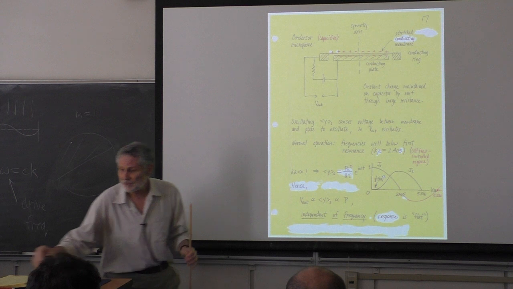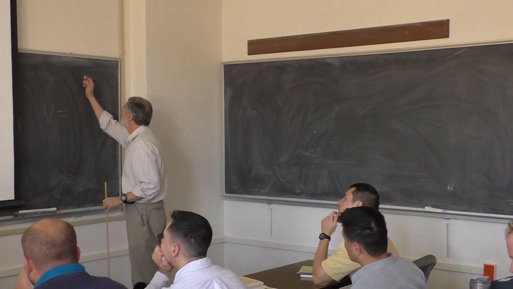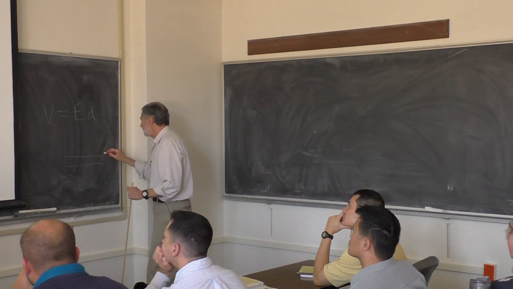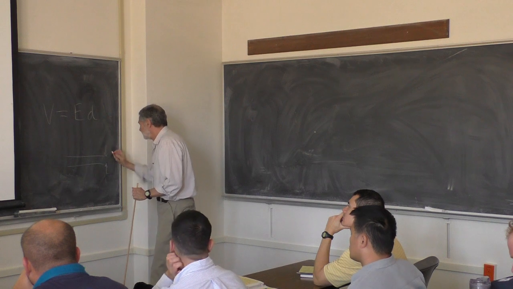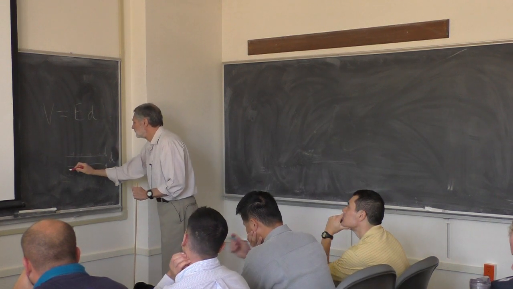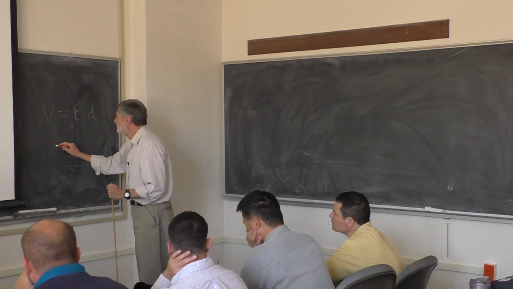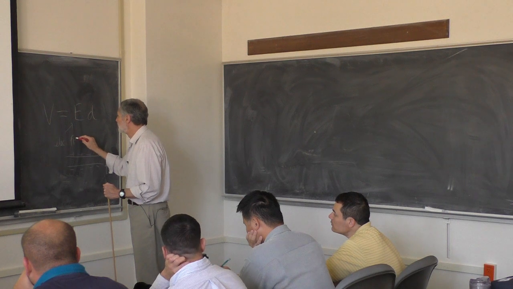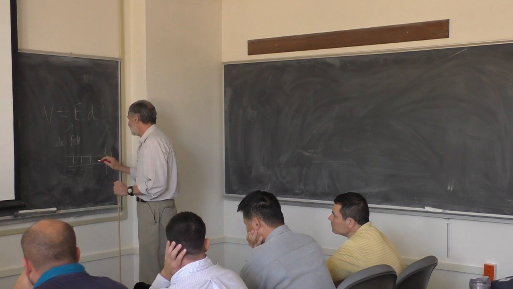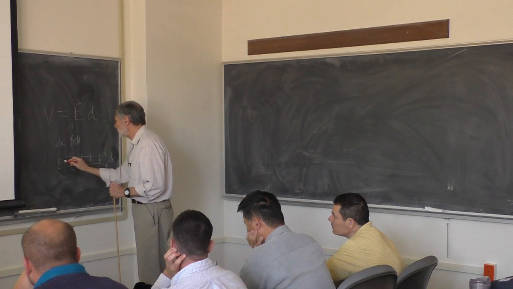For a parallel plate capacitor, the voltage is the electric field times the distance. So this is the distance. Here are the two plates. And this is the electric field between the plates, which looks something like this. And it's approximately uniform.